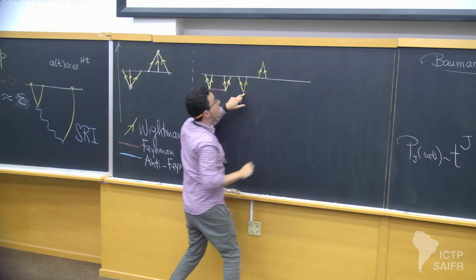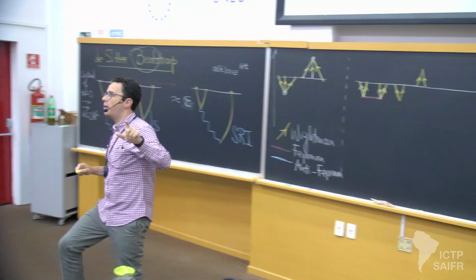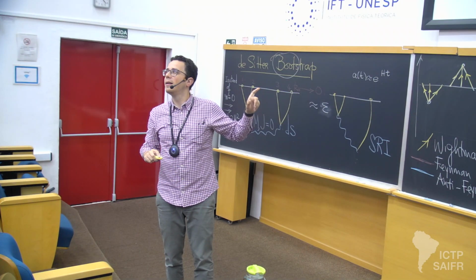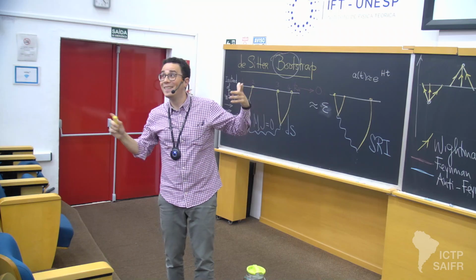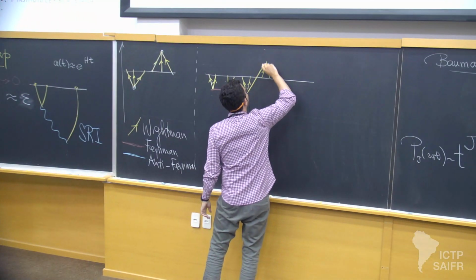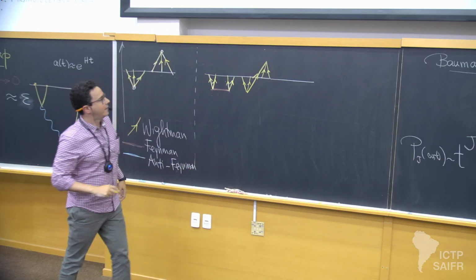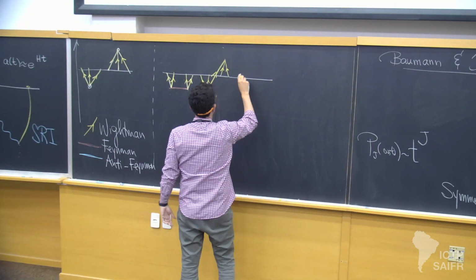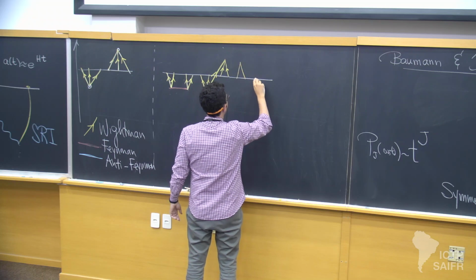And now here, what do you think it is? Do you think it's Feynman, anti-Feynman, or Weitman that connects? Weitman. The time ordering is fixed, right? And likewise the opposite, so there will be this one here.